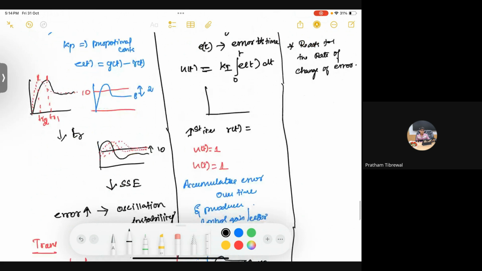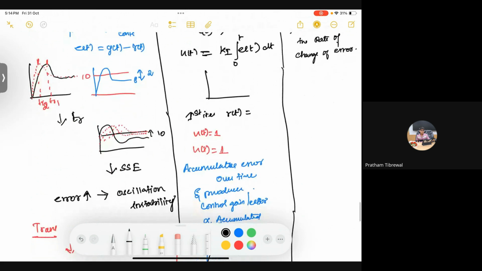However your error changes over time, it will generate a control effect based on that. When error changes rapidly, derivative produces a strong opposing action to prevent the overshoot that was caused by the integral action. So it's just a mirror image of the integral action.